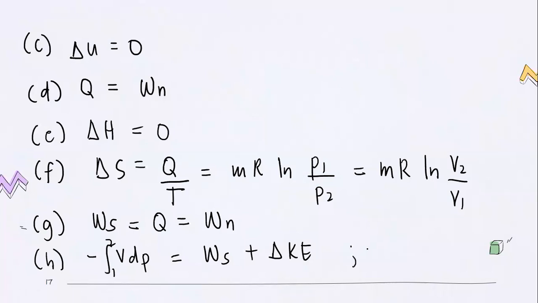But if the change in kinetic energy is equal to 0, therefore negative integral of V dP with the limits from 1 to 2 is equal to steady flow work, which is also equal to heat, which is also equal to the non-flow work.